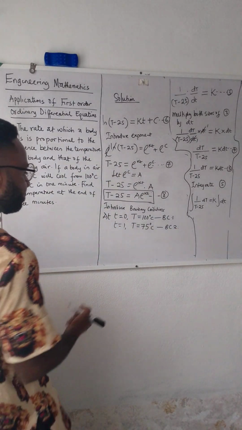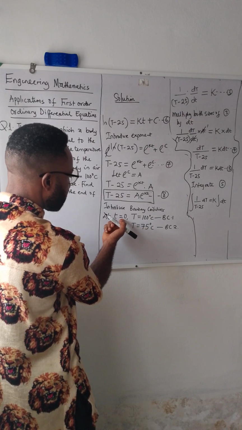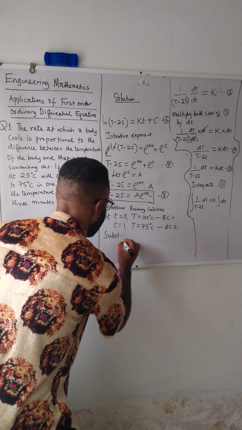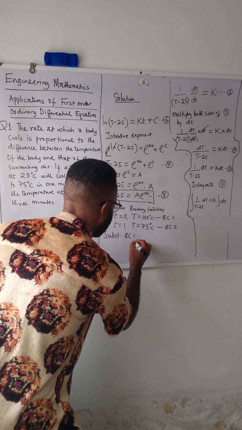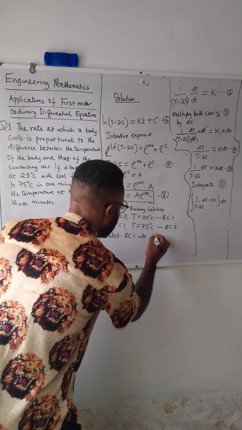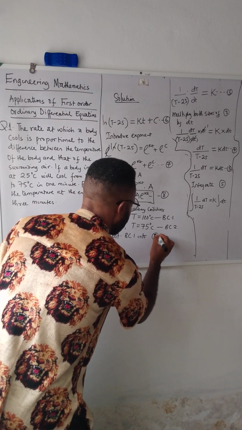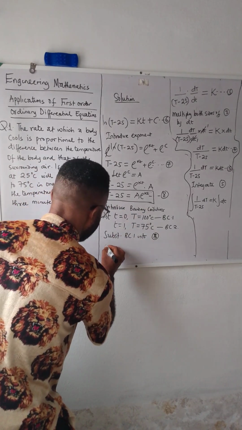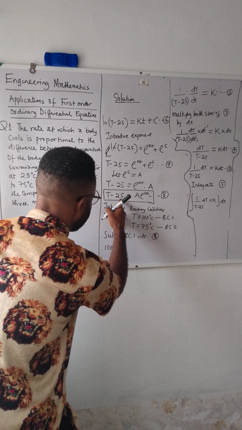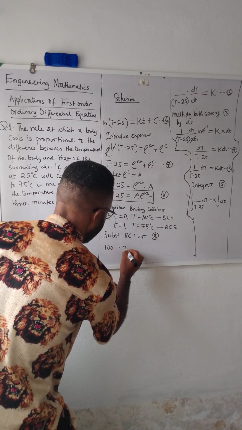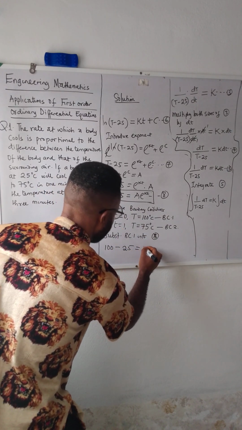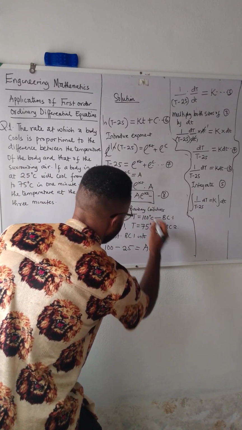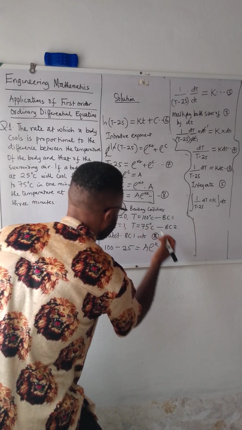Okay, so substituting boundary condition 1 into equation 8. We know that our big T is 100 degrees, so we have 100 minus 25 equal to A exponent K times t, but at time t, boundary condition 1 is 0.